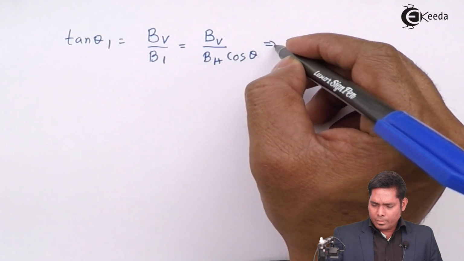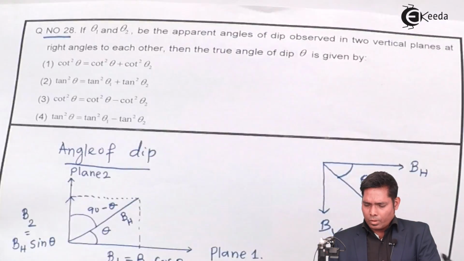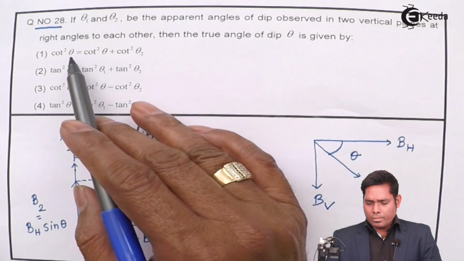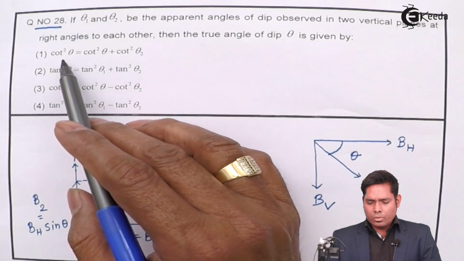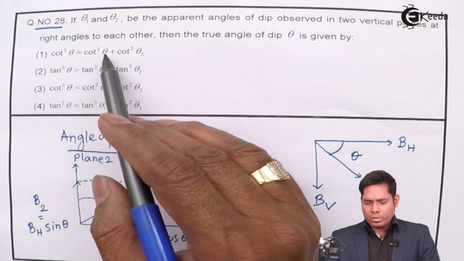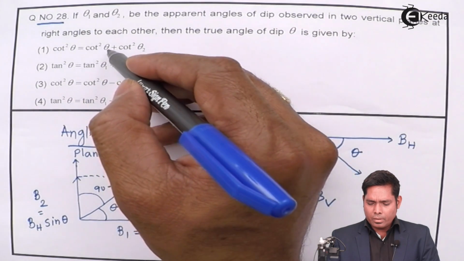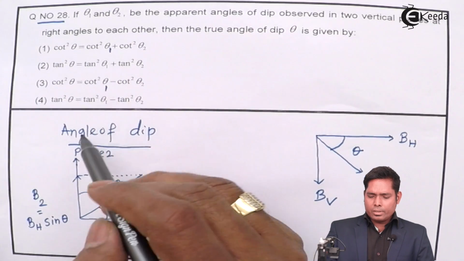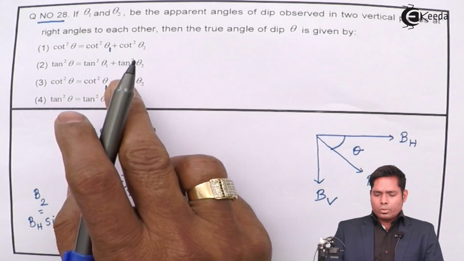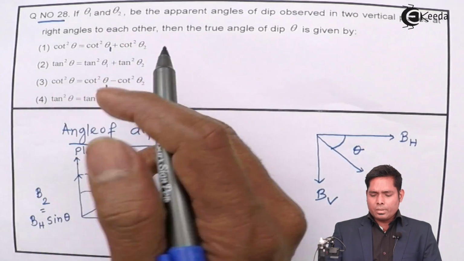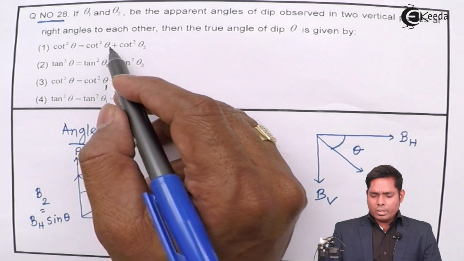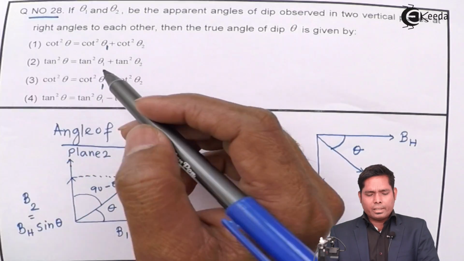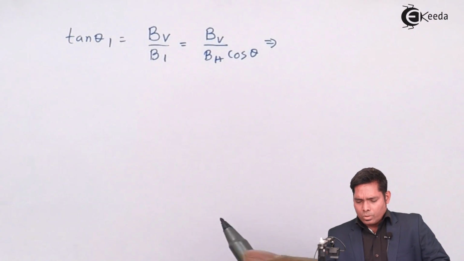Actually the answers are in terms of these equations, cot square theta 1, cot square theta 2, and cot square theta. So this is the relation you have to establish between cot theta 1, cot theta 2 and cot theta.